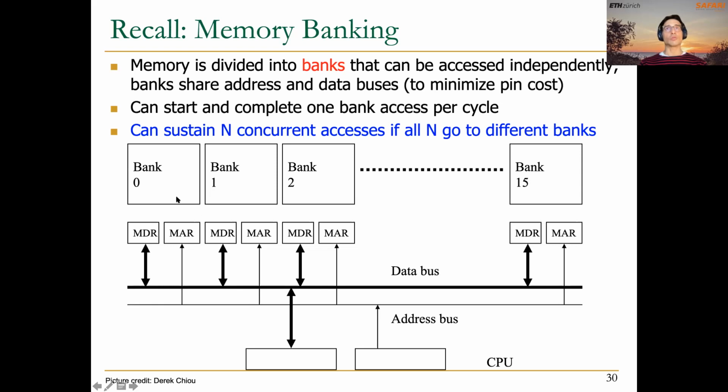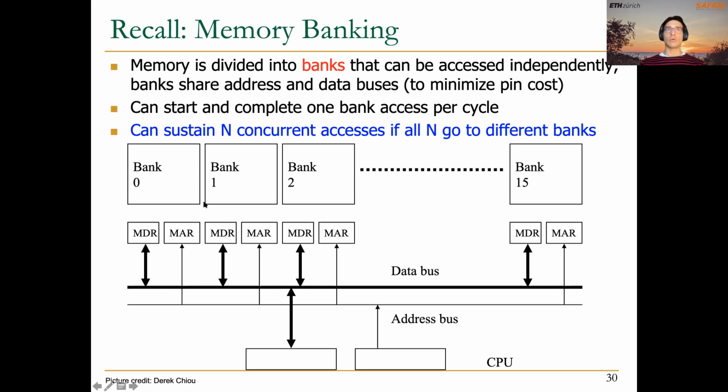Remember that in order to perform, let's say, n accesses to this banked memory, what we would do first is, in one cycle, we place the desired address here in this memory address register. In the next cycle, we do the same for bank 1. In the next cycle, we do the same for bank 2. And after a few cycles, after having completed the latency that we need to fetch the data from a specific bank out to the data bus, we would have the data in this MDR, memory data register, ready to move to the processor, to the CPU or to the GPU, by using this data bus.